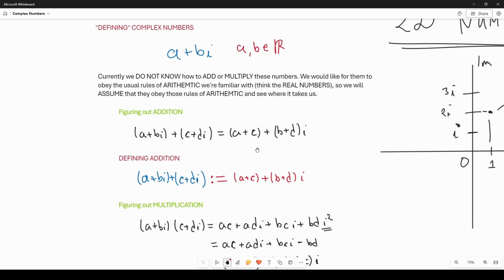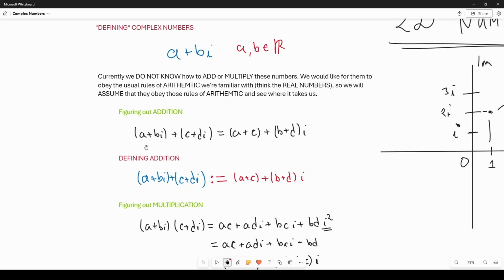To accomplish that, we will proceed in the following manner. So to figure out how to define addition, let's say we have two complex numbers and we want to add them. And we're trying to figure out what this should mean. Well, let's just assume that the number i behaves nicely, for we want at the end these complex numbers to behave as nicely as the real numbers.